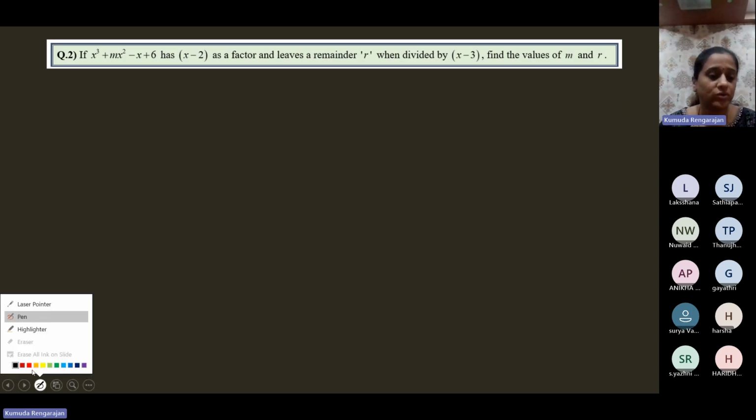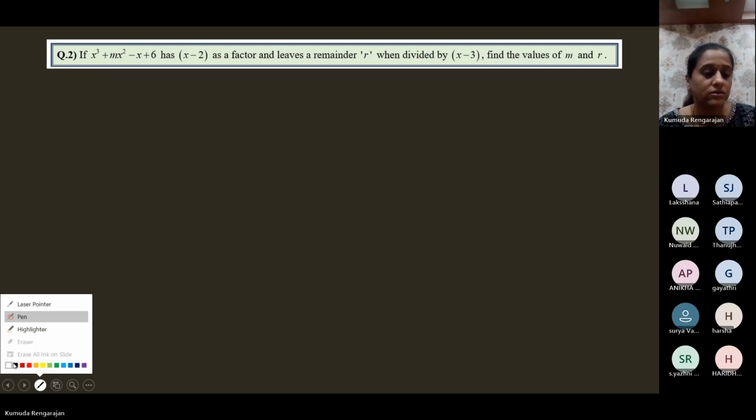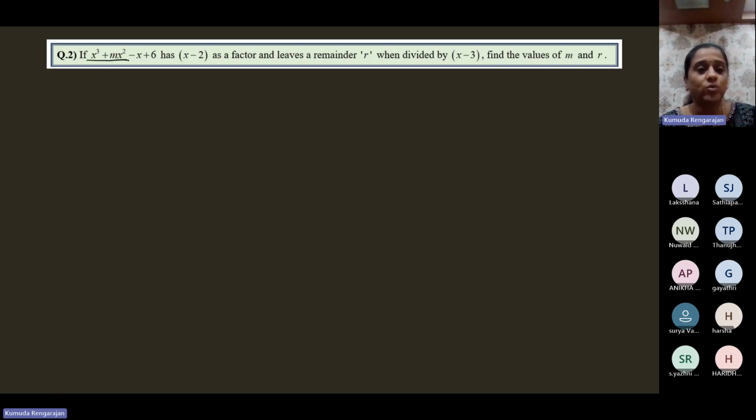Okay. Look at this question. If x cubed plus mx squared minus x plus 6 has x minus 2 as a factor. So again, this is a cubic polynomial because you can see the highest power of x is 3. A cubic polynomial has a maximum of 3 factors, and one of the factors is given to you here: x minus 2 is a factor.